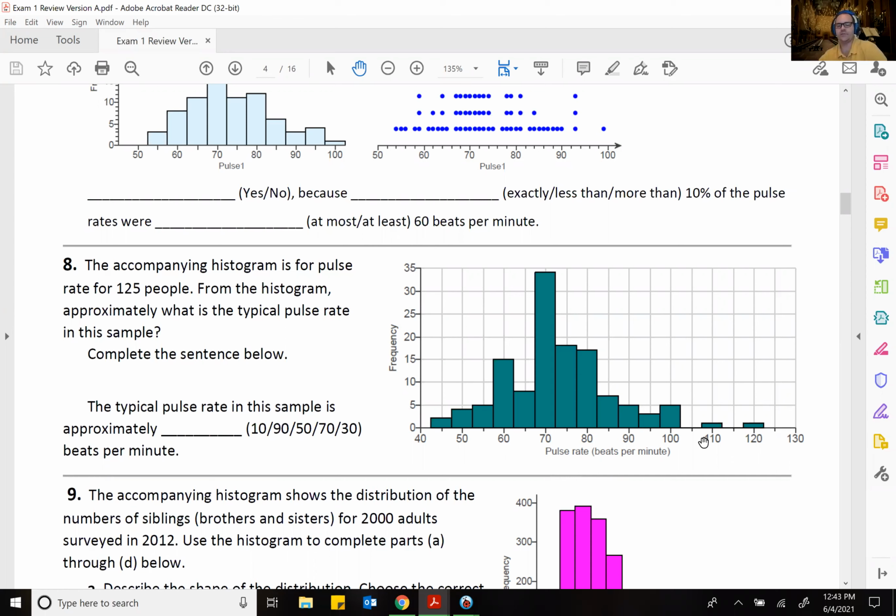And again, this histogram is misleading. It's not really typically a number, but it should be a range of values. But they're giving us a choice here. Wendy, what is the typical value? 70.